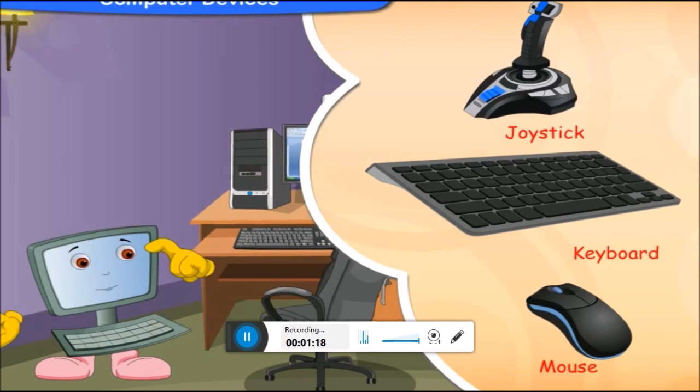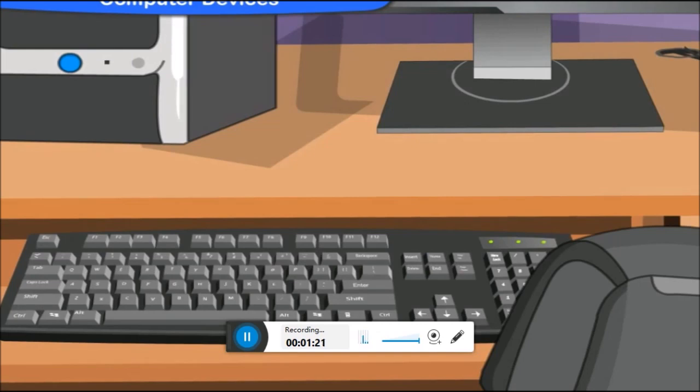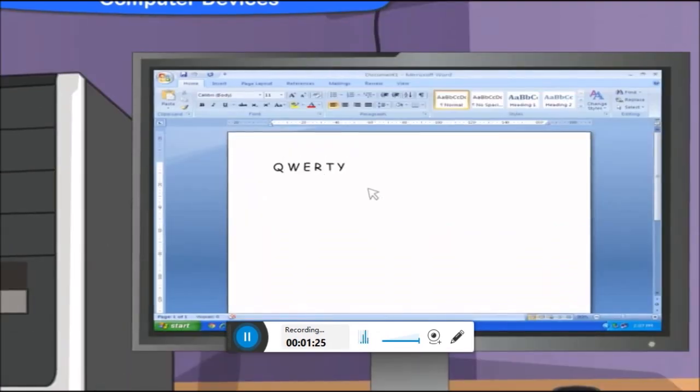Yes, Rini. By pressing the keys of the keyboard, we tell the computer what to do and the letters and numbers appear on the screen. So this keyboard is an input device. You are right, Rini.